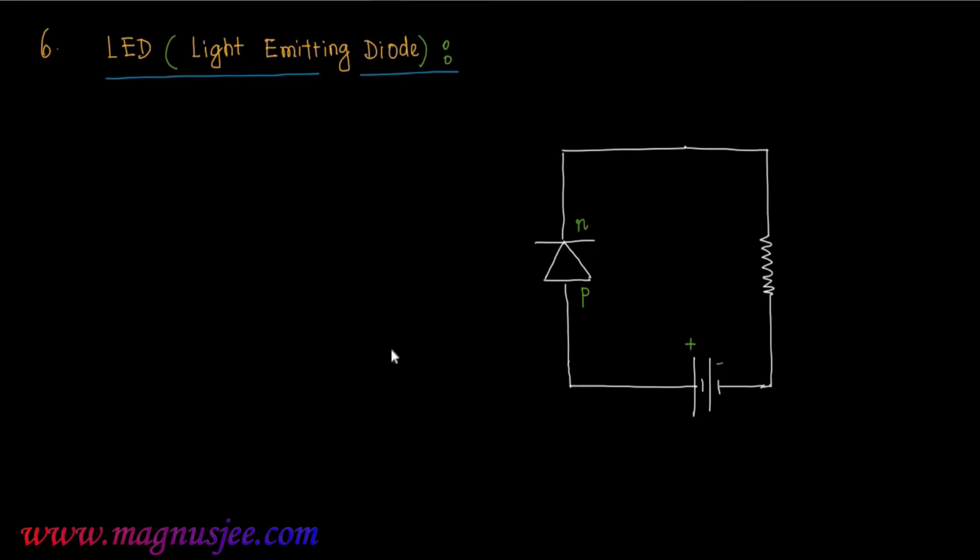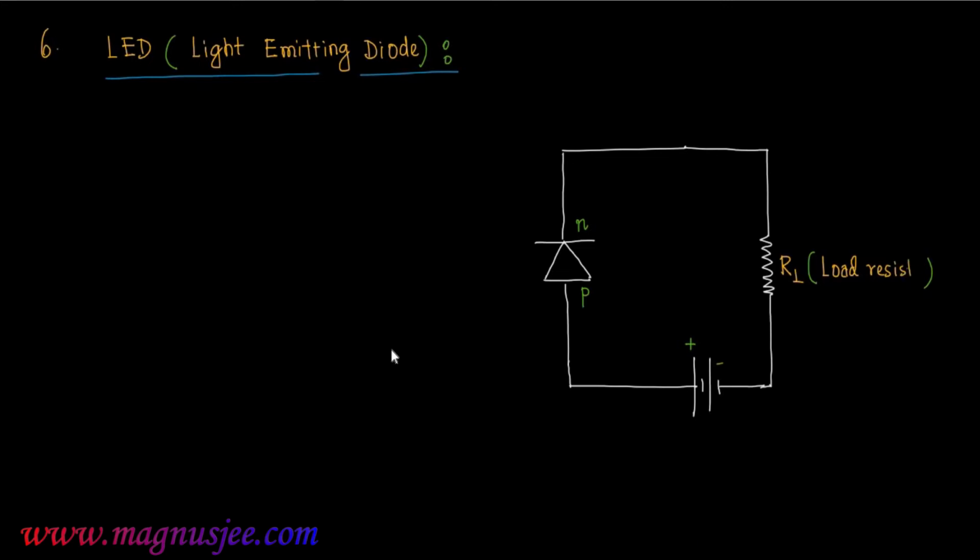If the load resistance RL is not connected, the battery will send a large current to the junction, and the junction will be damaged. If we connect RL, the load resistance, the current will decrease and the PN junction diode will act normally. This is known as load resistance.